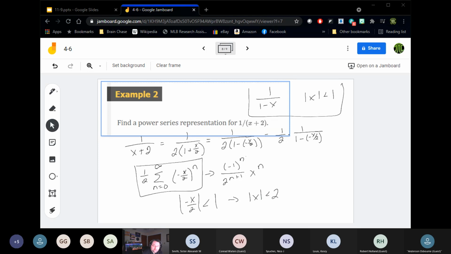So that means that's my radius, and my interval of convergence is -2 to 2. And again, since I did it as a geometric series, I don't have to test the -2 and 2. I know it only works between those values. And if I was to write this out with the inequality symbols, it would look like that.